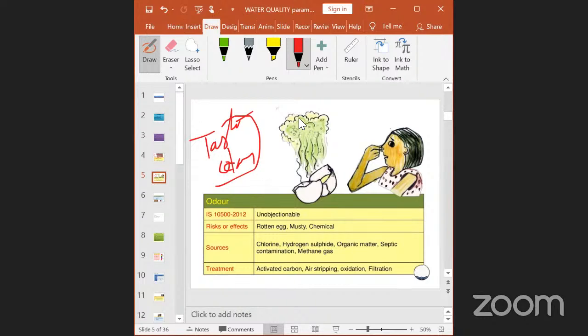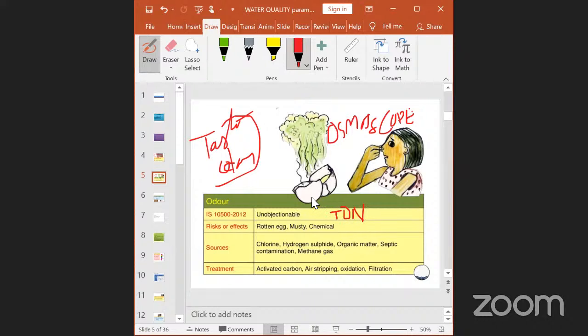Taste and odor are measured by the instrument known as an osmoscope. The intensity of taste and odor is measured in threshold odor number, that is TON.